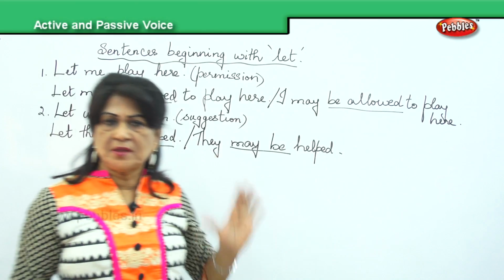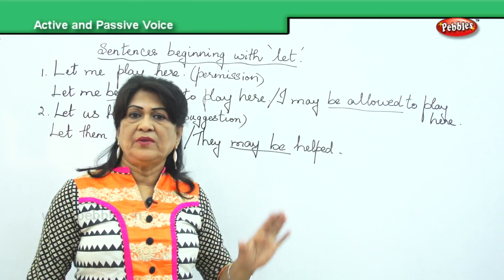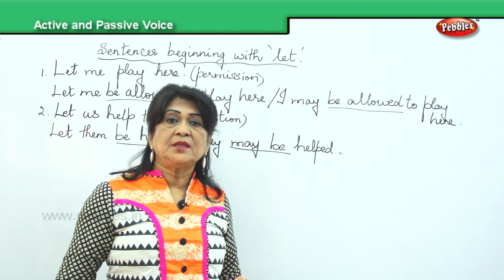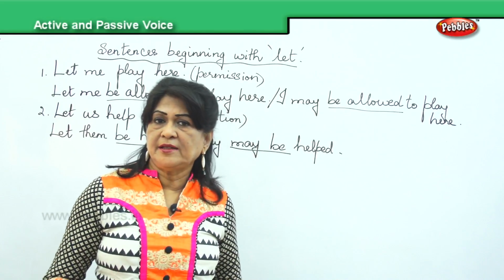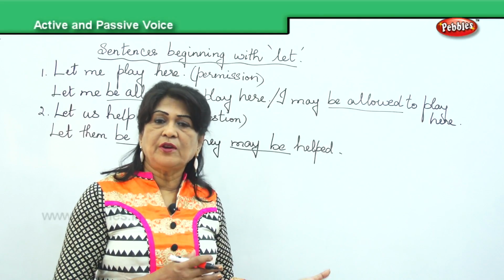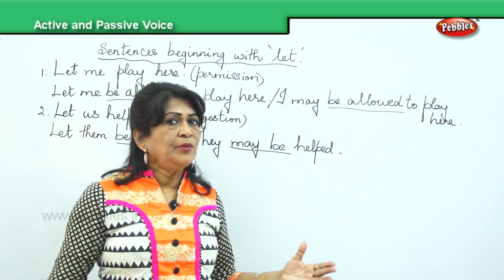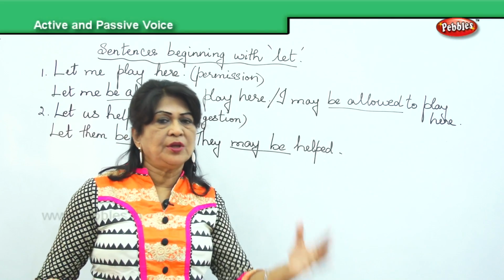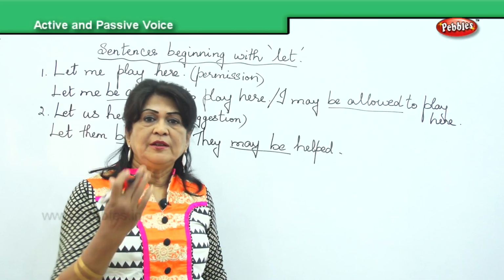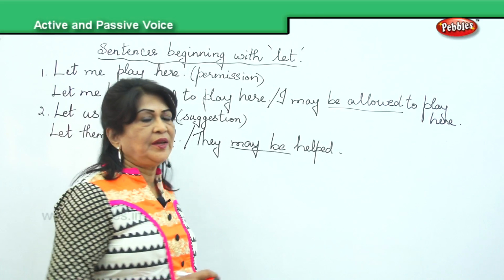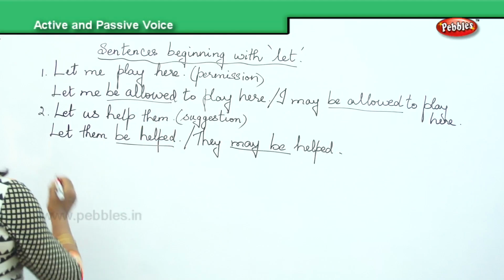Active to passive voice is very imperative for your report writing, narrating an incident, whether in the office or in journalism, anywhere, even for exams, where they may give you a picture and ask you to narrate what is happening there. So passive voice is very, very important. Next one.